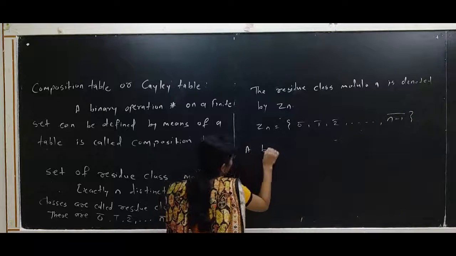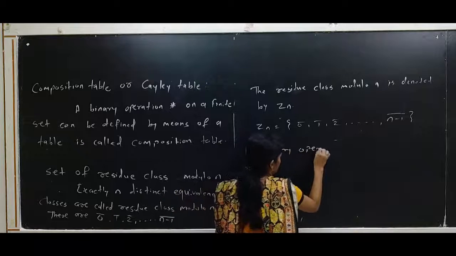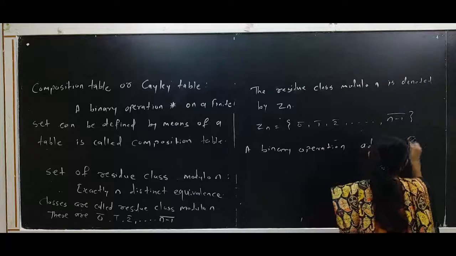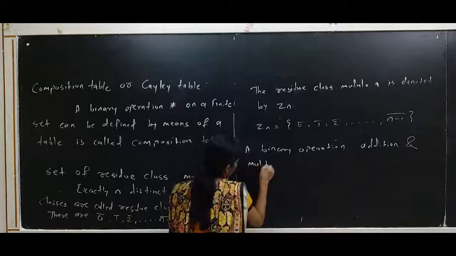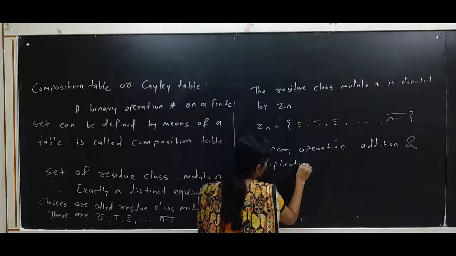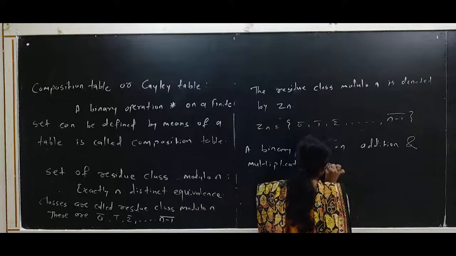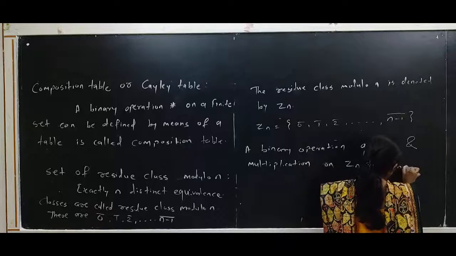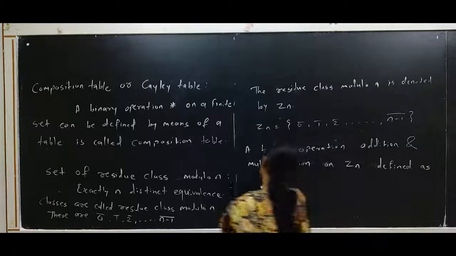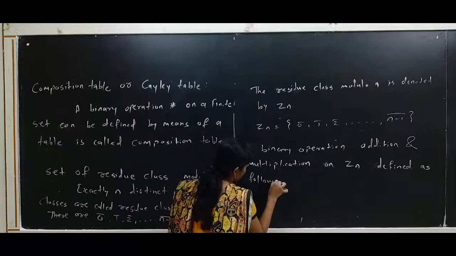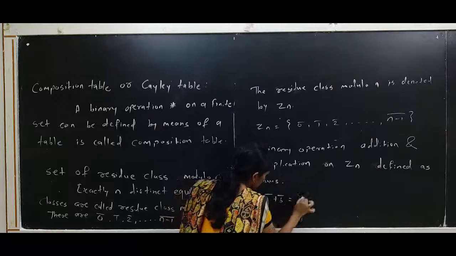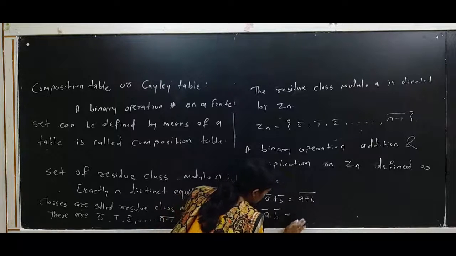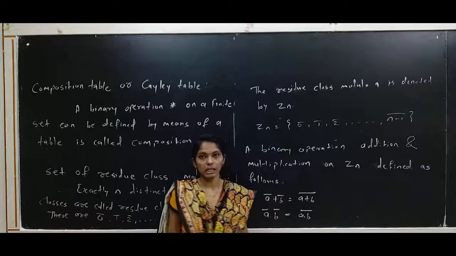A binary operation, addition and multiplication on Zn, is defined as follows. a bar plus b bar is equal to a plus b bar, addition, and multiplication a bar into b bar is equal to a into b bar.